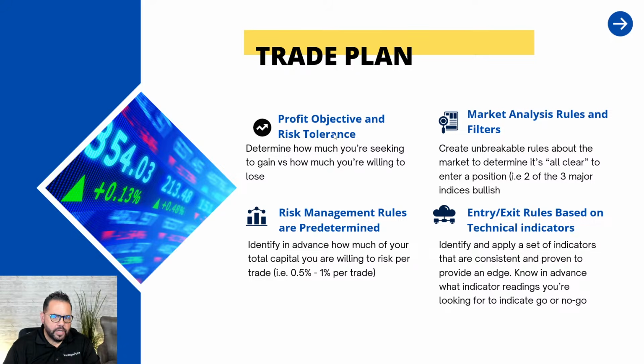Your profit objective and your risk management are going to be specific to you and your tolerances. If your rule is that you want to see some bullishness in the overall indices before you make a decision to buy an option, then that's the first place we're going to go, and then we'll explore some entry and exit rules based off of the artificial intelligence.